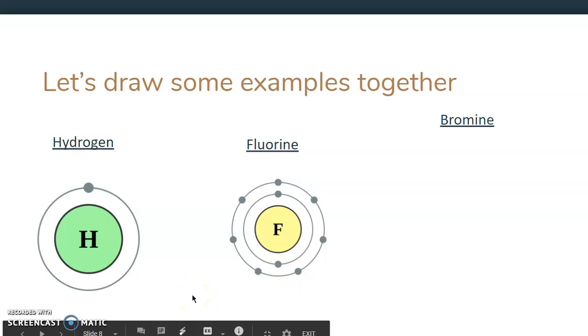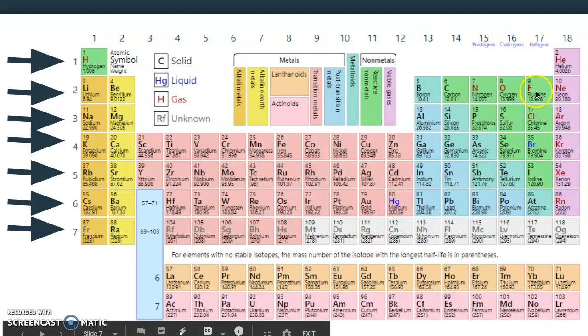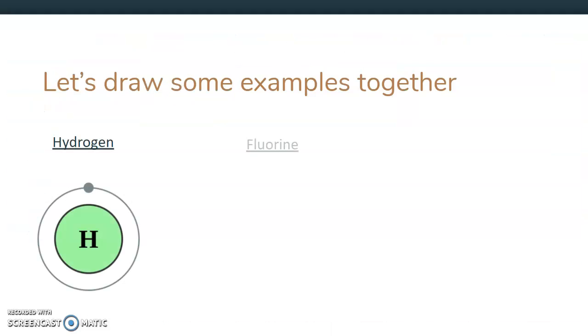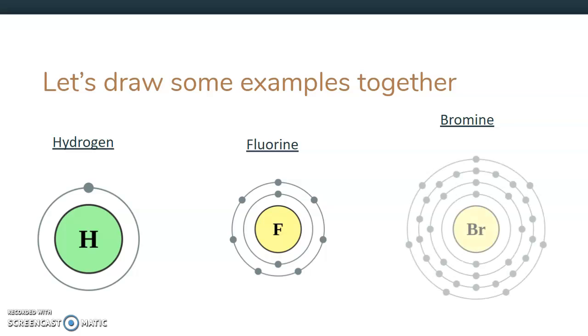Then our final example is bromine. So we have bromine, which is like fluorine, but a couple periods down. So bromine is 35. That means we have 35 electrons. Our first shell has 2. Our second shell can have up to 8. And our third shell would have 18, with our outer shell having up to 8.